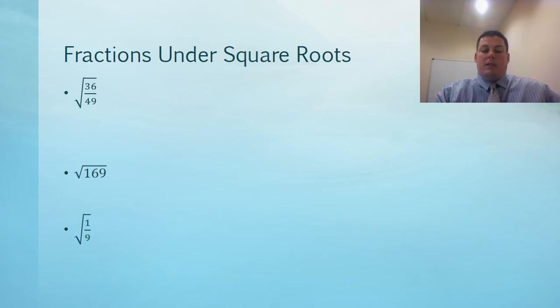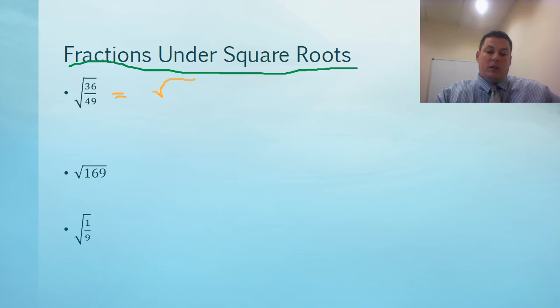Some other things we have to be concerned with when dividing is when we have fractions under square roots, or just square roots in general. We need to understand how we solve them. Anytime we have a fraction under a square root, this fraction actually is split up. So we have the square root of 36 over the square root of 49.